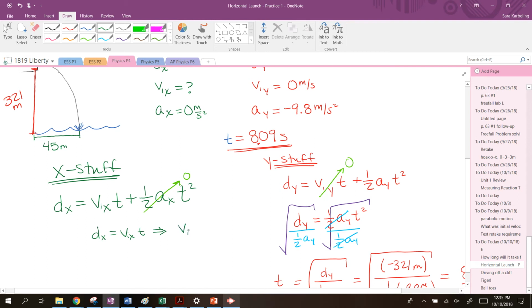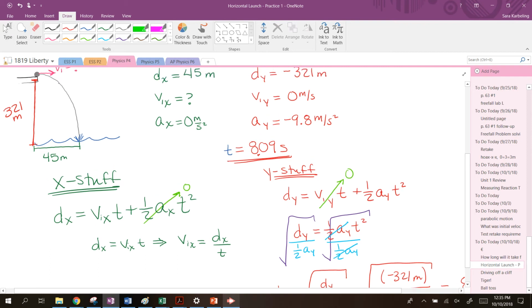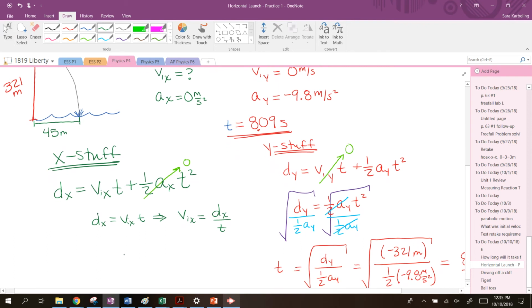So you've got vix is equal to dx over t. Hey, I've seen that one before too. Now we just got to put numbers in, right? No problem. You got this. Dx is 45. So I've got initial velocity in the x direction is going to be 45 meters in 8.09 or 8.1 seconds.